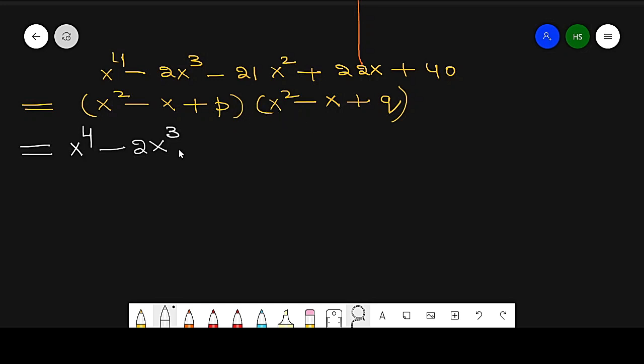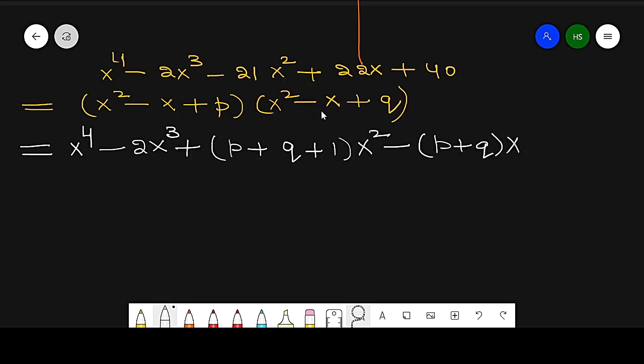Now the coefficient of x square: one is p, second is q, and third is plus 1, so p plus q plus 1 into x square. Now the next term is the coefficient of x, so this is minus p plus q into x. So multiply p into x, minus p, and this q into this, which is minus q, plus the product, which is equal to pq, this into this.